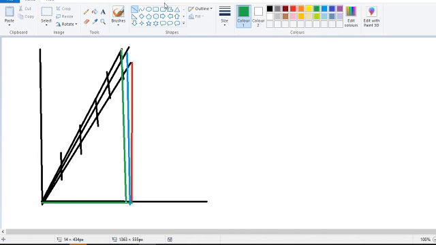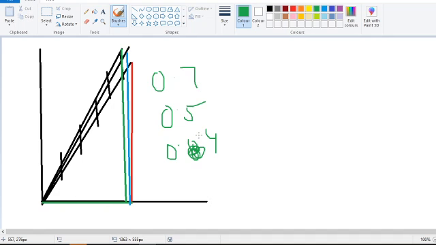And then say the gradient of the average one was 0.5, the steeper one was 0.7, and the shallow one was 0.4. Let's just leave it as that.